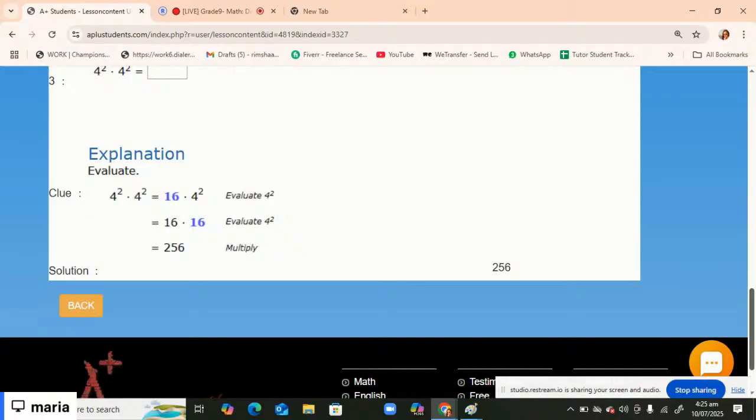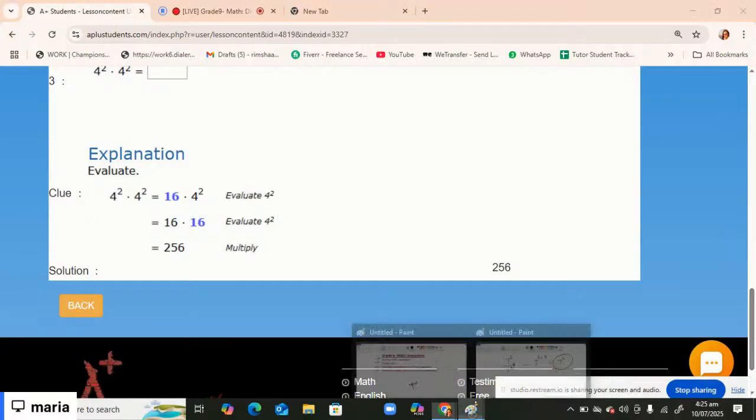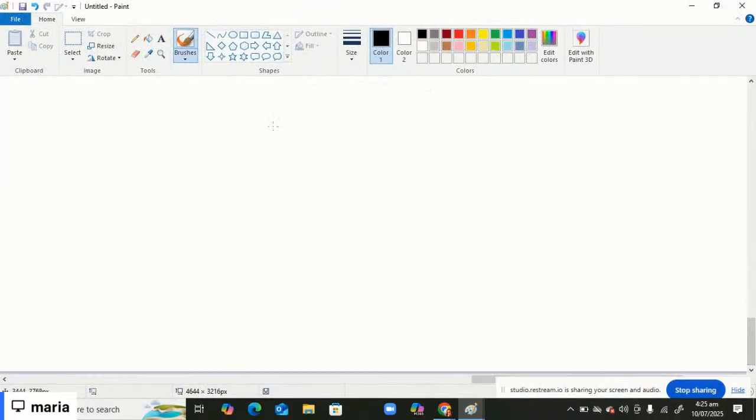It means 4 times 4. Look here, 4 to the power of 2, then again 4 to the power of 2. What does 4 to the power of 2 mean?